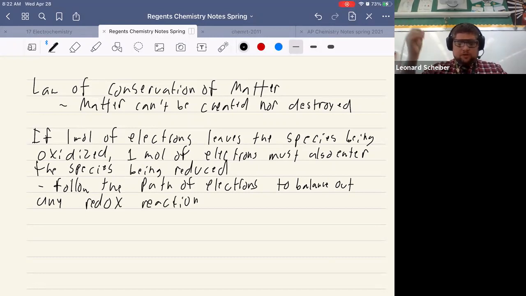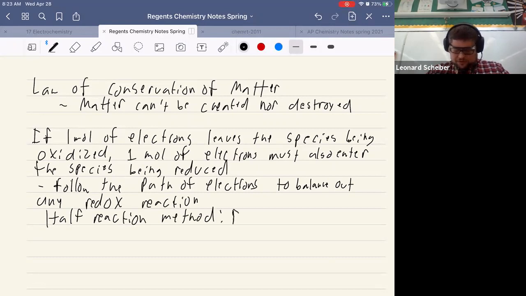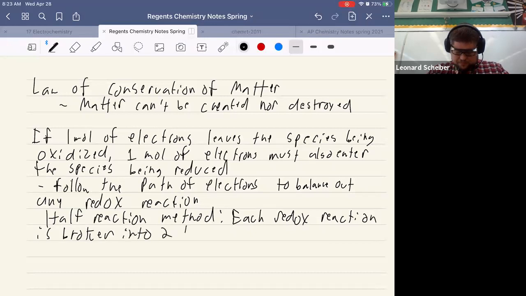And what we're going to be using is something called the half reaction method, in which each redox reaction is broken into 2 half reactions. And if we balance those 2 half reactions together, we should be getting a balanced whole reaction.